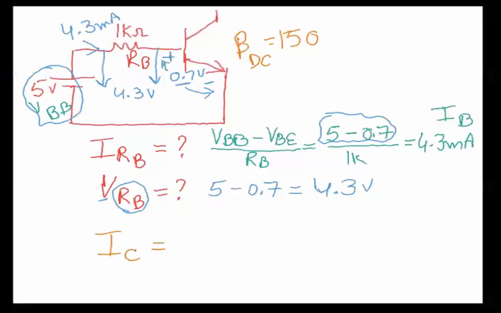Let's say the beta DC is given as 150, asking for calculation of the collector current, which we did in the examples in the last couple of slides. So which formula should we use?